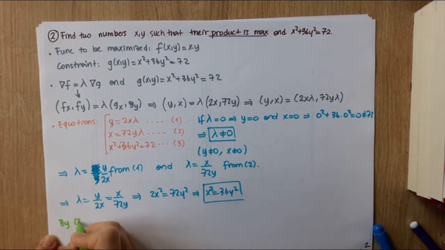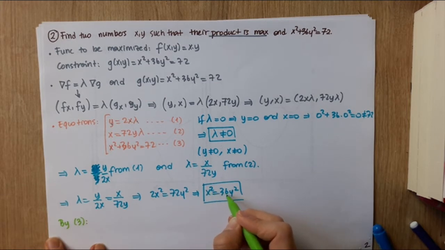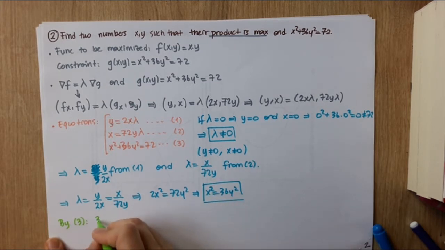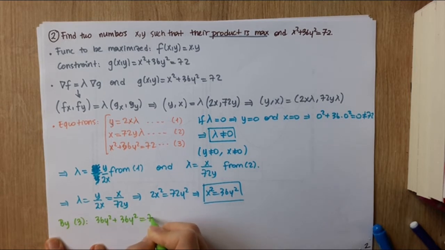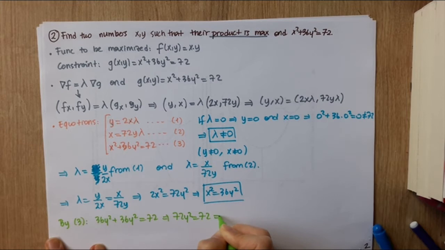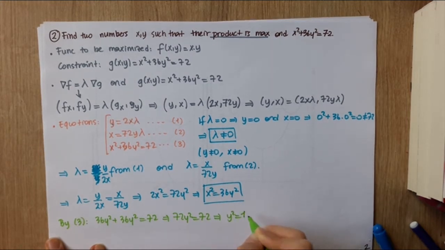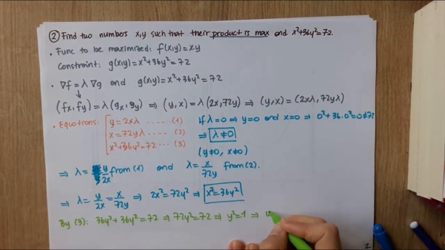By equation 3, because x squared equals 36y squared, I just substitute here. I have 72y squared equals 72, so y squared equals 1, which means y equals minus 1 or y equals 1.